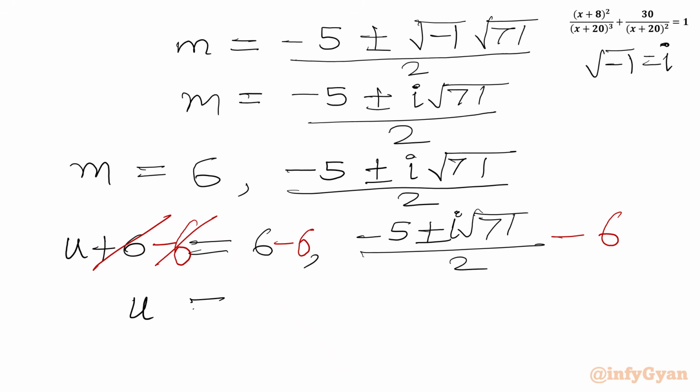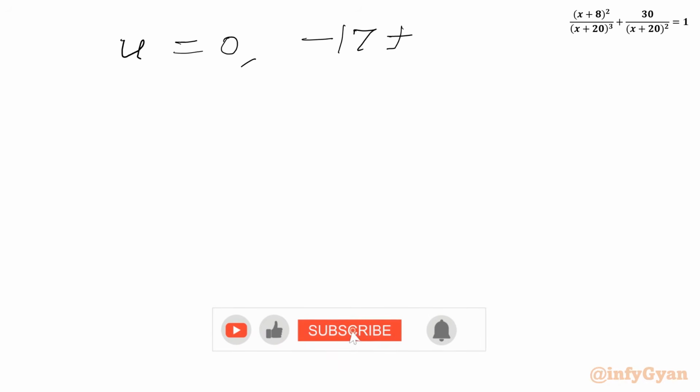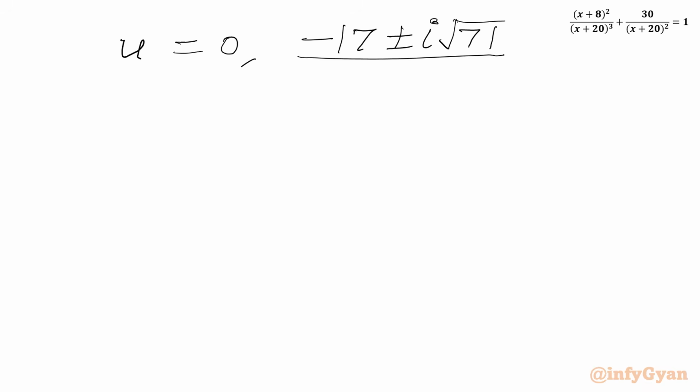So u equals 6 minus 6, which is 0, and minus 5 plus minus i root 71 over 2 minus 6, so minus 5 minus 12 is minus 17 plus minus i times square root 71 over 2. Let me write u equal to 0 and minus 17 plus minus i times square root 71 over 2.